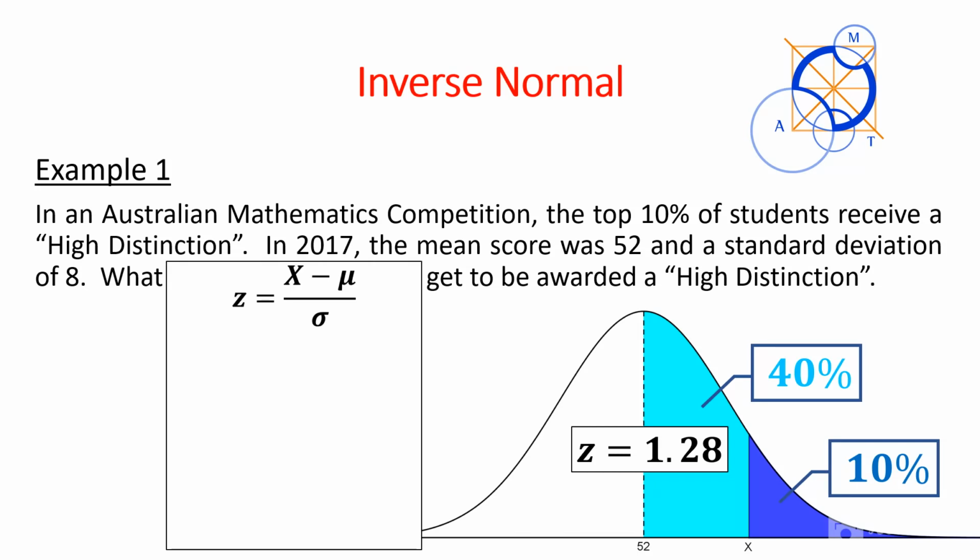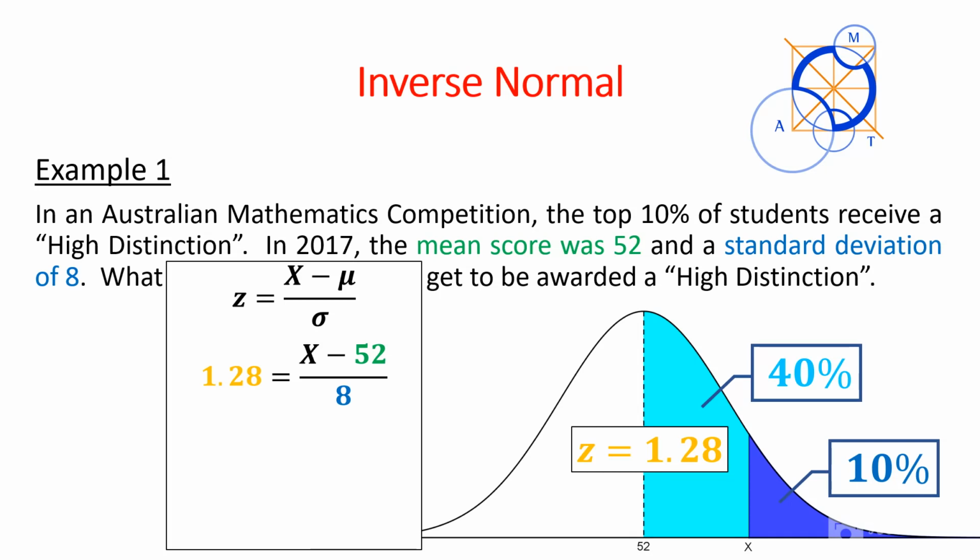Now let's come to our z equal x minus mu divided by sigma formula for standard normal distribution. We can substitute in the values for z of 1.28, the mean of 52, and the standard deviation of 8. And we're going to rearrange this to work out our x value or our score.